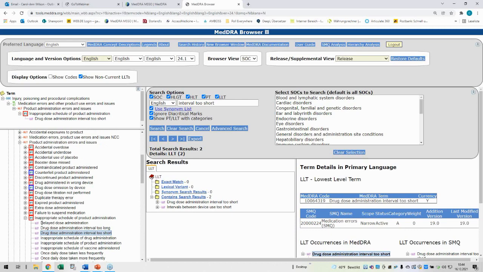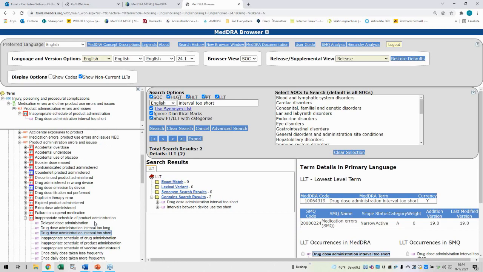It could represent both an unspecified product administration issue and a product administration error. So, as you saw in the classification, I would consider this an administration issue, not an error. But independent of my personal decision, if you would rather consider this an error, you could assign this LLT for both scenarios because it does not contain the information accidental. The same holds true for the PT.